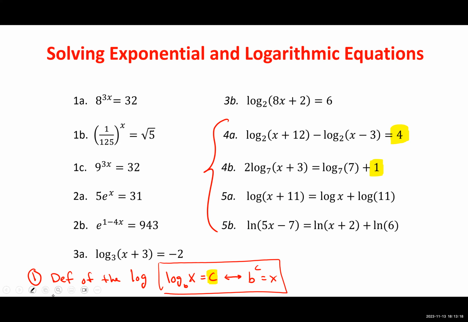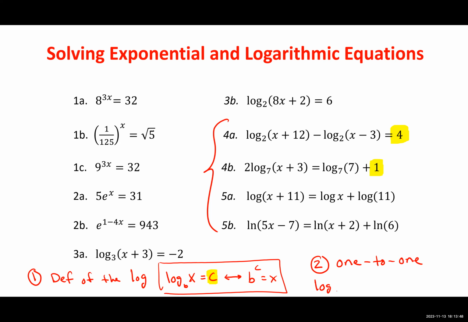So in 5a and 5b, we've got a log is equal to a log plus another log. Actually, both of them same. All right, so if the definition is not going to work there, the second option, the one-to-one property.